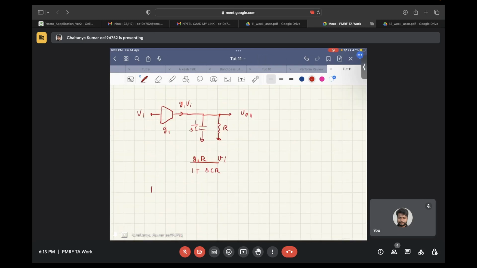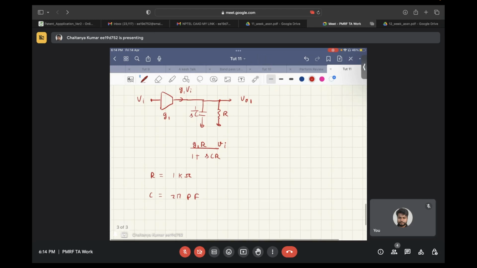So we can substitute values for this. Let's say R is equal to 1 kilo ohm, and C is equal to, let's say, 2 pi picofarad. So what is the 3 dB bandwidth of this network? Omega naught equals 1 by RC.